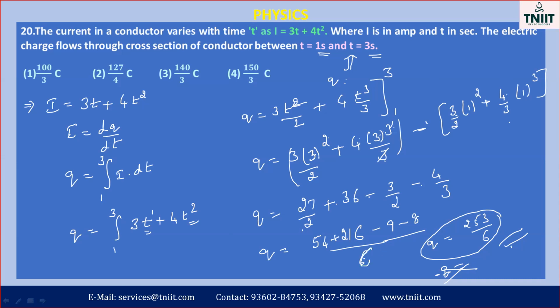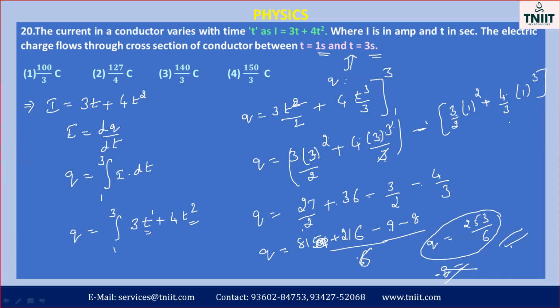I have taken the LCM as 6. So 3 into 27 is how much? 81. 36 into 6 will be 216.